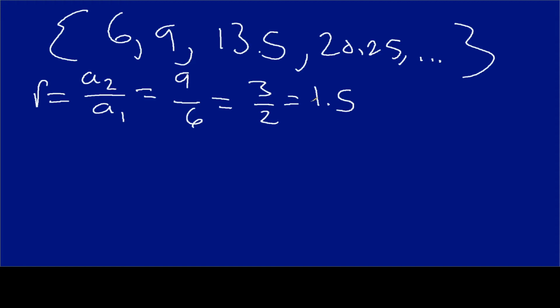Now, to develop your recursive formula, here is the format. You're going to have a sub n equals the ratio times a sub n minus 1.